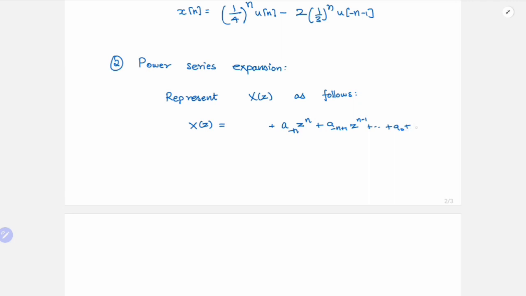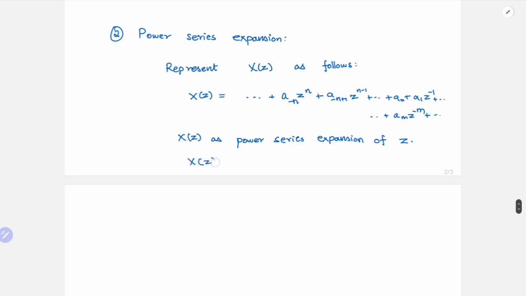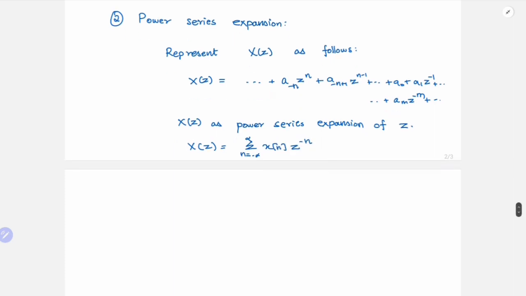So it will be just a0 plus a1 z inverse and so on, plus a m z power minus m and so on. So you are representing X of z as a power series expansion of z. Then comparing it with your X of z definition, so you have x of n z power minus n, your x of n will be nothing but a n in this case, for each n.